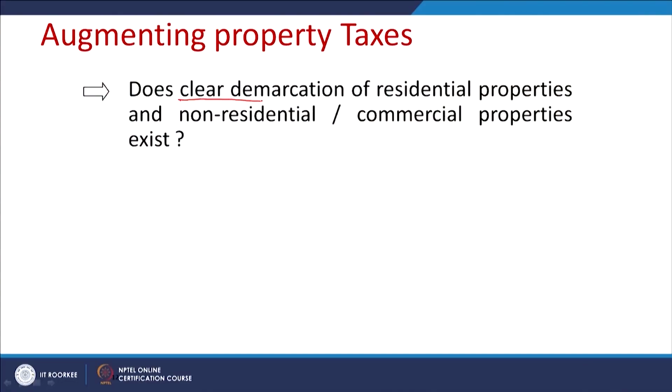First, does it have a clear demarcation of residential properties and commercial properties? In most municipalities, the clear demarcation is not there. For that you need to make a base map of the municipality showing each and every holding with clear demarcation, so that you can link it with the tax database and judge whether every holding is connected with the tax base or not.